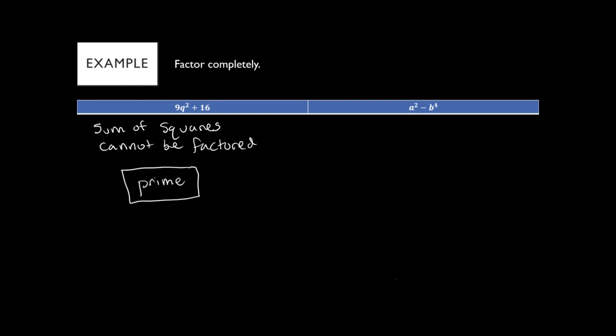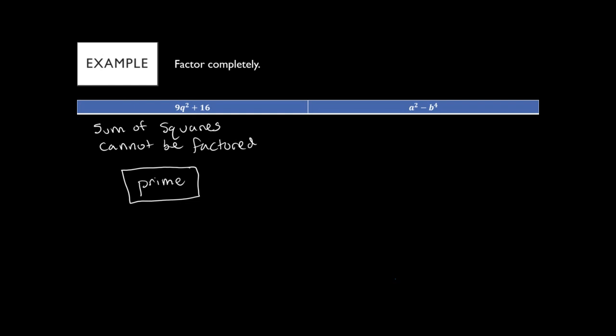So all you've got is something squared plus something squared. This is a sum of squares, and sum of squares cannot be factored. So we just write prime here because it's a plus, so it's not going to be a difference of squares.